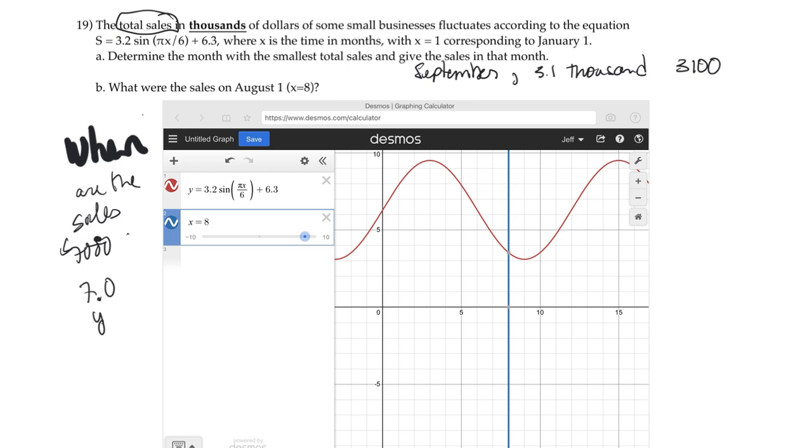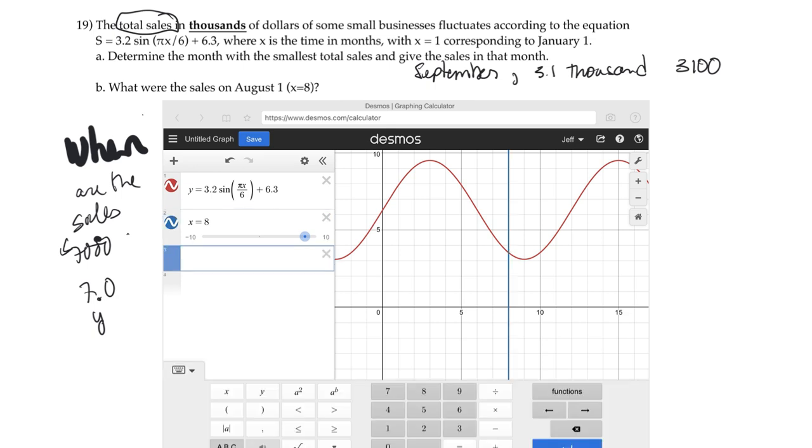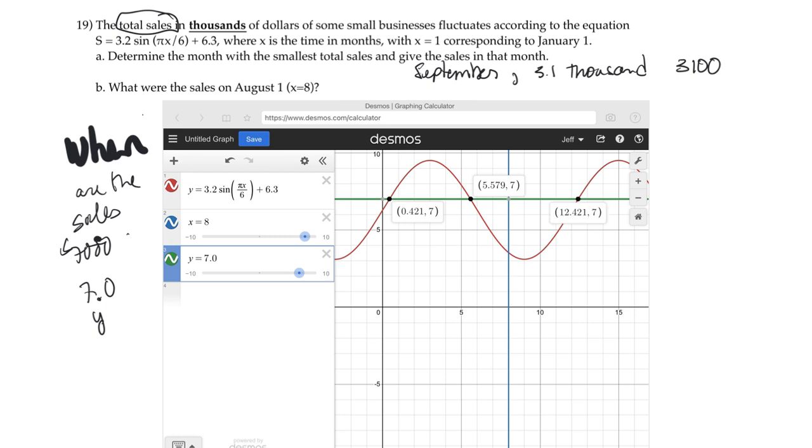On my graph here, I can type y equals 7, and see where that green line crosses my graph. It looks like for the month 0.421, this will be early January, and then the 5th month would be in May sometime, and then the 12th month would be December. This one is 0, so that'd be at the start of January. All right, hopefully that helps you with those questions.